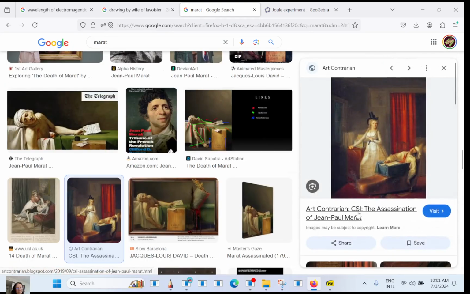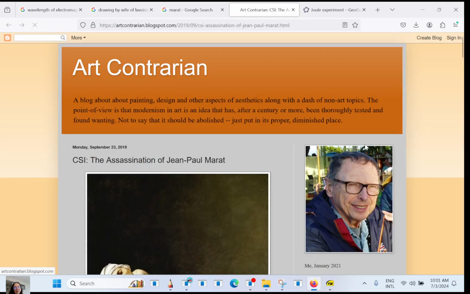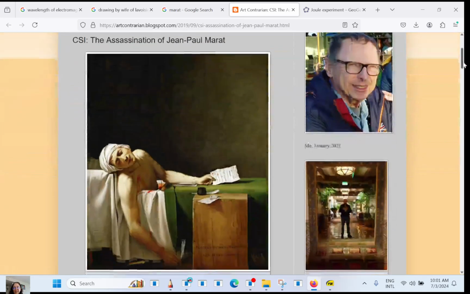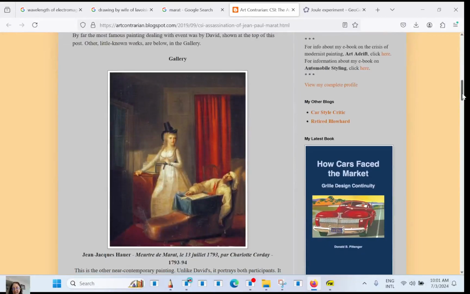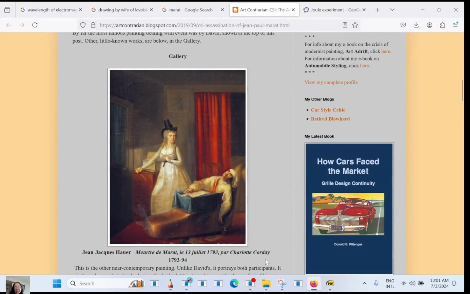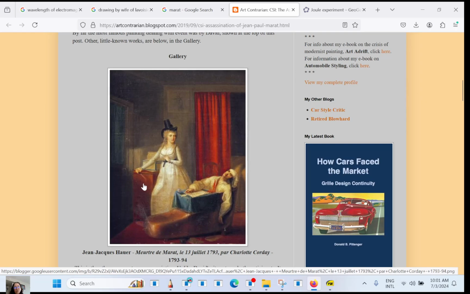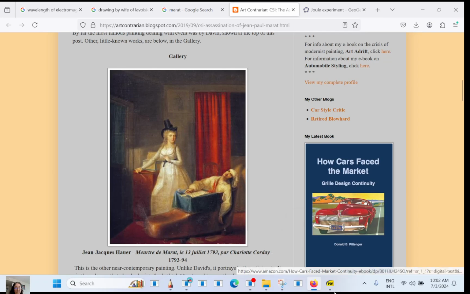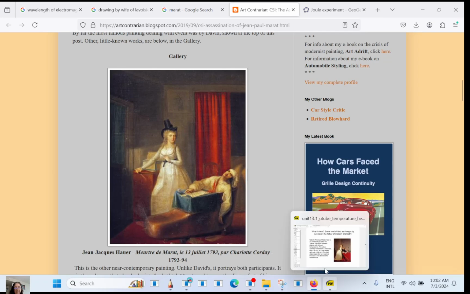So his name was Jean-Paul Marat, and he was killed by Charlotte Corday, who took revenge for all the people that he killed. Unfortunately, she also lost her head with the guillotine.